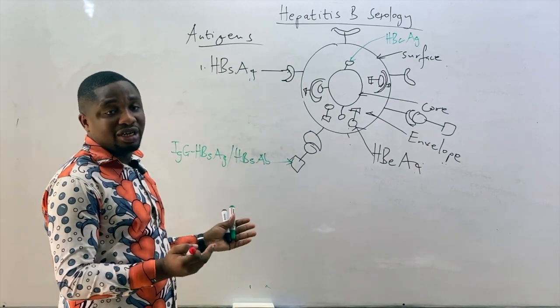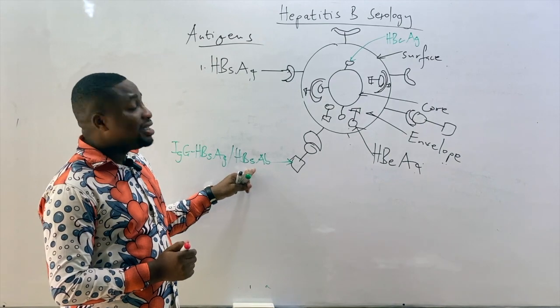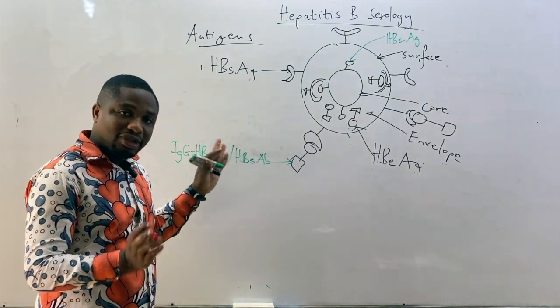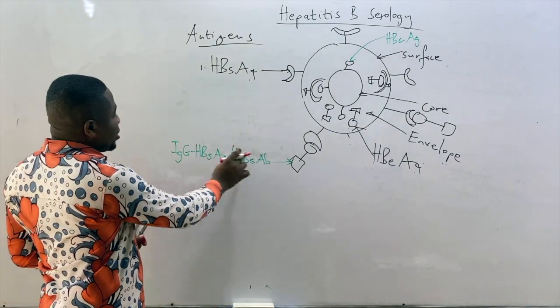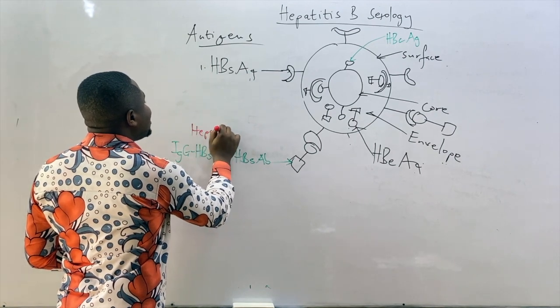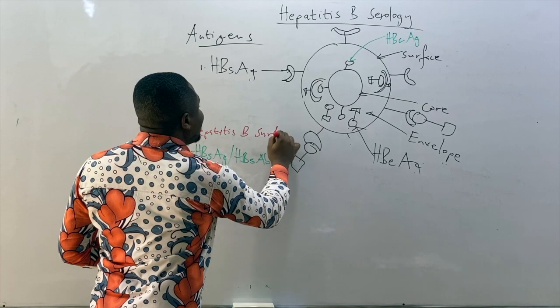That's another way to write it. Or you can go ahead and write hepatitis B surface antibody, HBsAb, to denote hepatitis B surface antibody. So this or this is connoting the hepatitis B surface antibody.